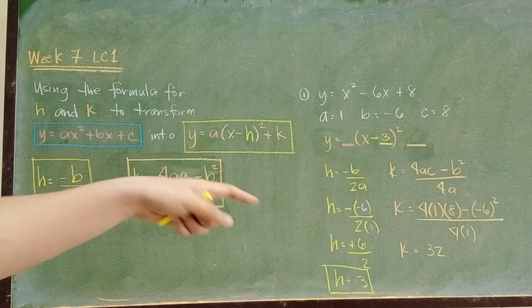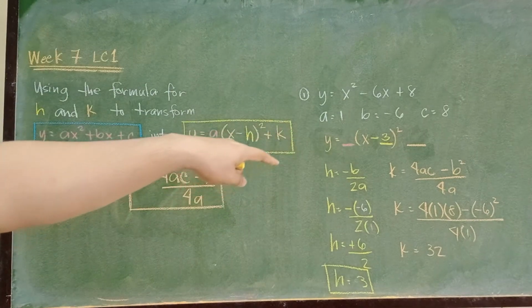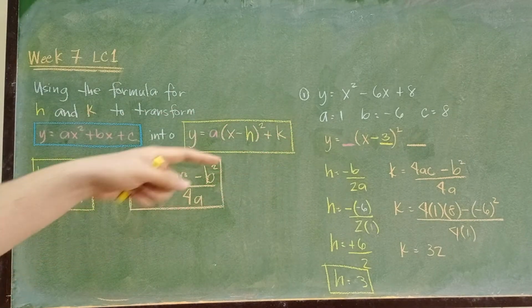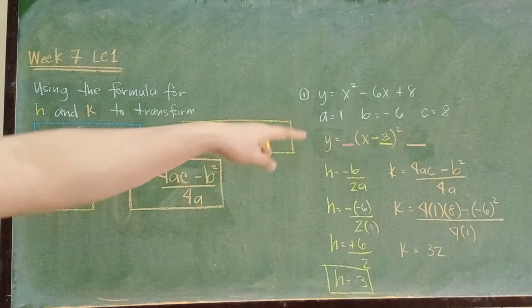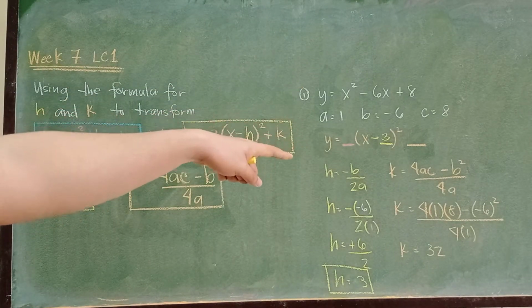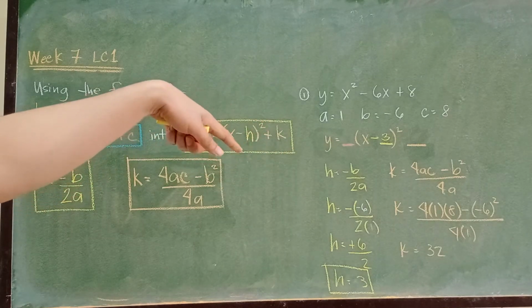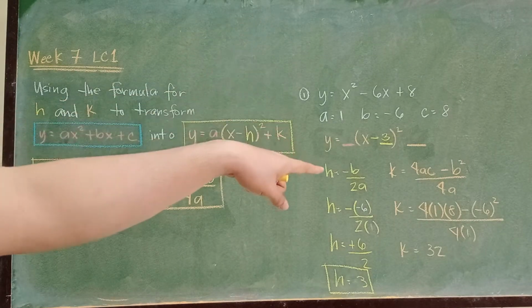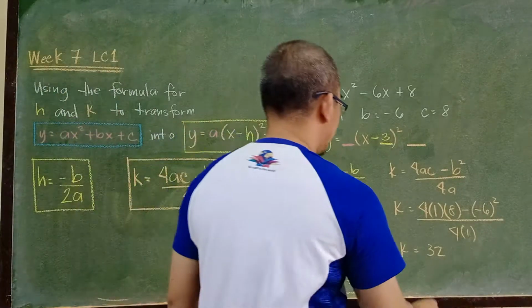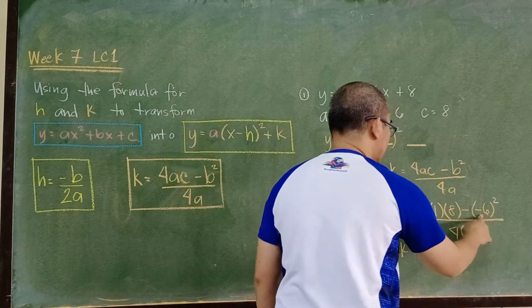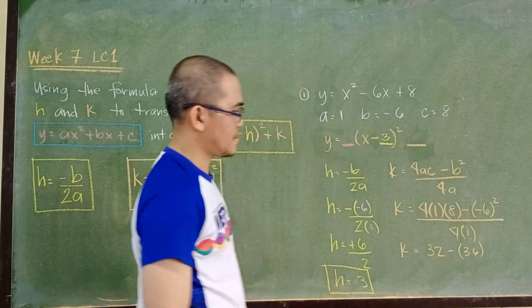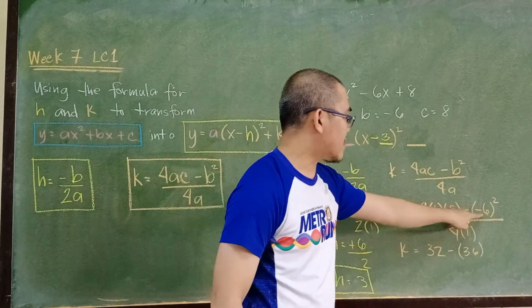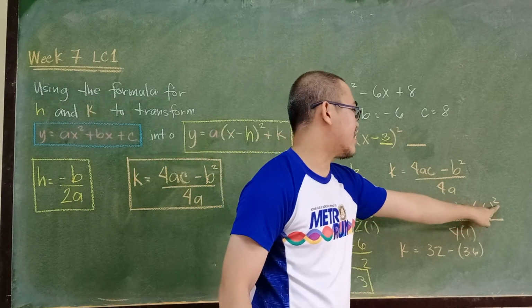Using PEMDAS, mauna muna yung exponent bago ka mag-multiply sa labas. So, ang gagawin mo dun sa negative 6 na naka-raise sa 2, i-multiply mo yun sa sarili niya ng dalawang beses. So, magiging negative 6 times negative 6, that is positive 36. So, naging positive na yung negative 6 natin dahil dun sa exponent na 2.